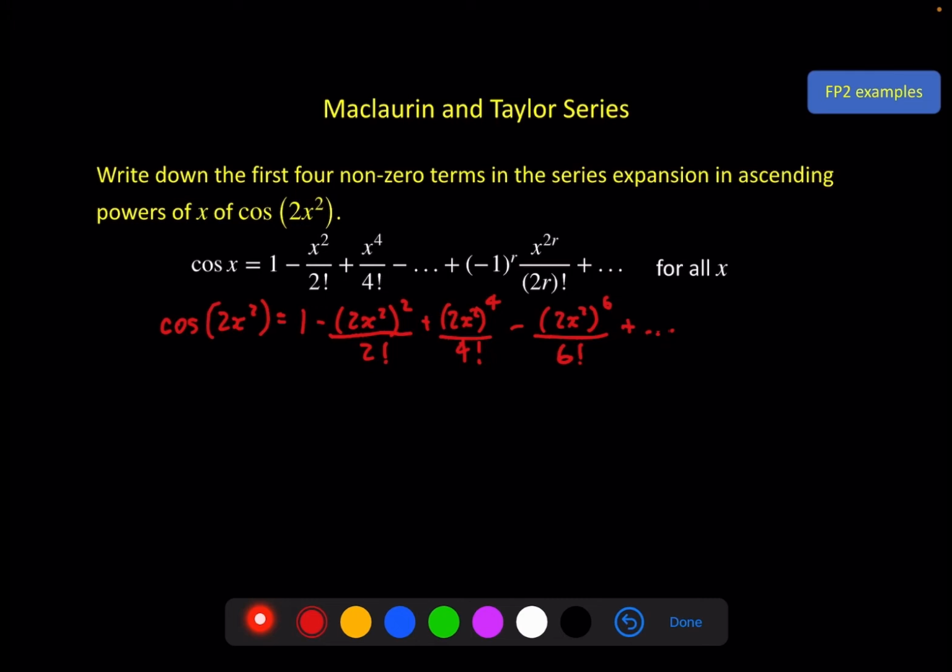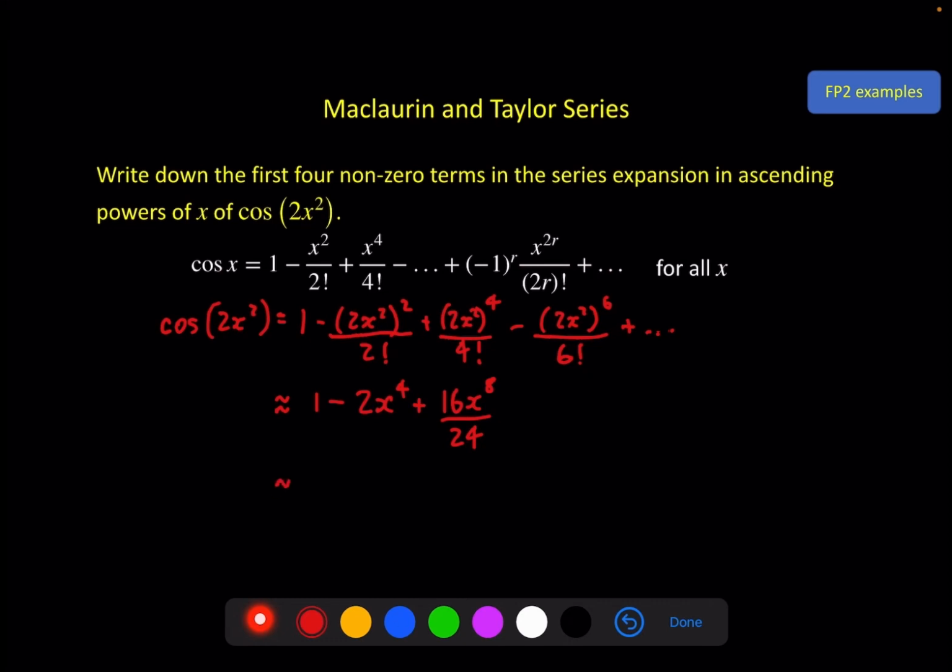Now in this sort of question, I need to simplify everything, including the factorials. So I'm going to put a little approximately equal to sign here, so I don't need to keep writing the plus dot dot dot, and then start simplifying. So we've got 1 minus 4x to the power 4 divided by 2 factorial, which is 2. So that simplifies to x power 4 with a 2 in front. Then we've got 2 to the power 4, which is 16, divided by 4 factorial, which is 24. So we've got 16x to the power 8 over 24.